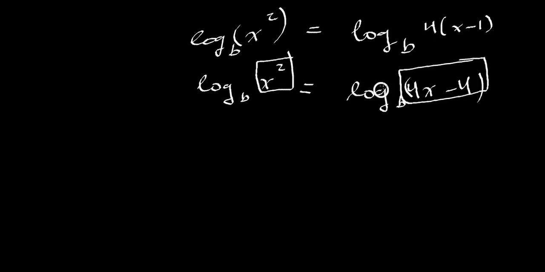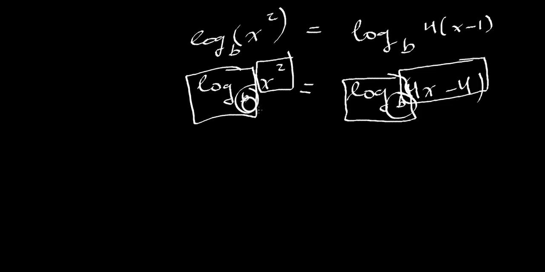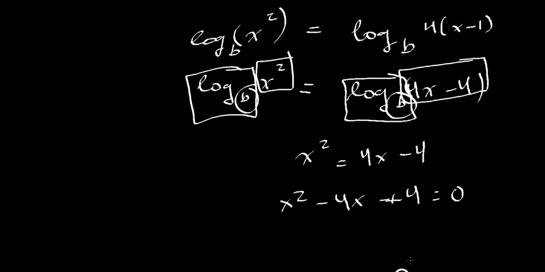Or you can do this. Notice the fact that you got the same bases here. You got a b here and a b here. So when you have 2 same bases, you can let these guys equal each other. Hopefully you understand what I said. Minus 4x plus 4.